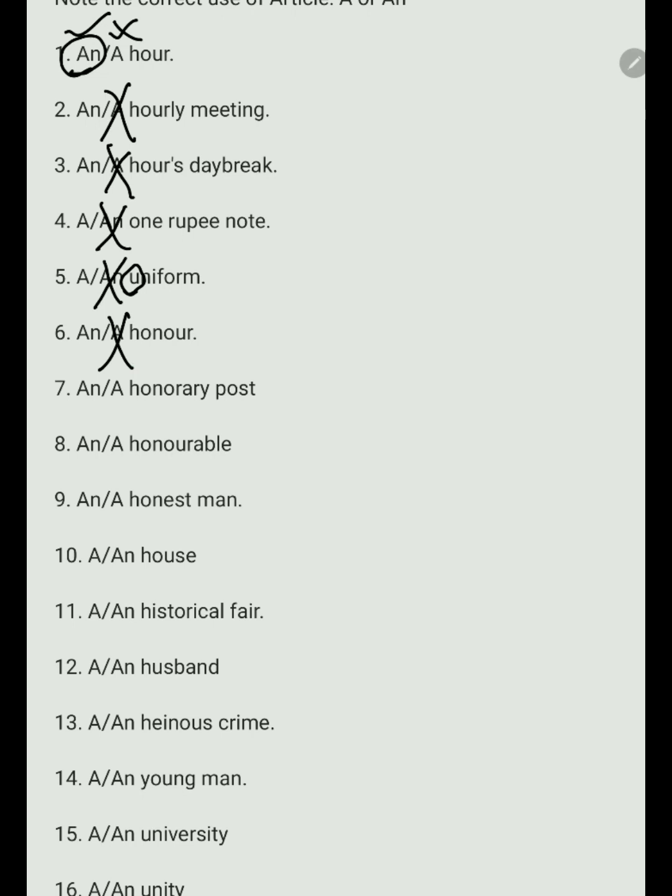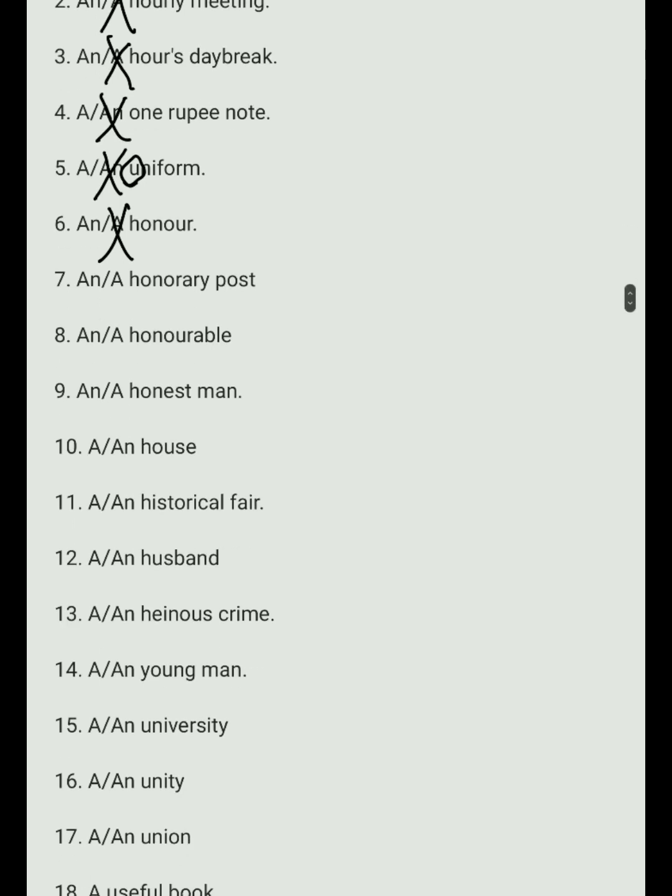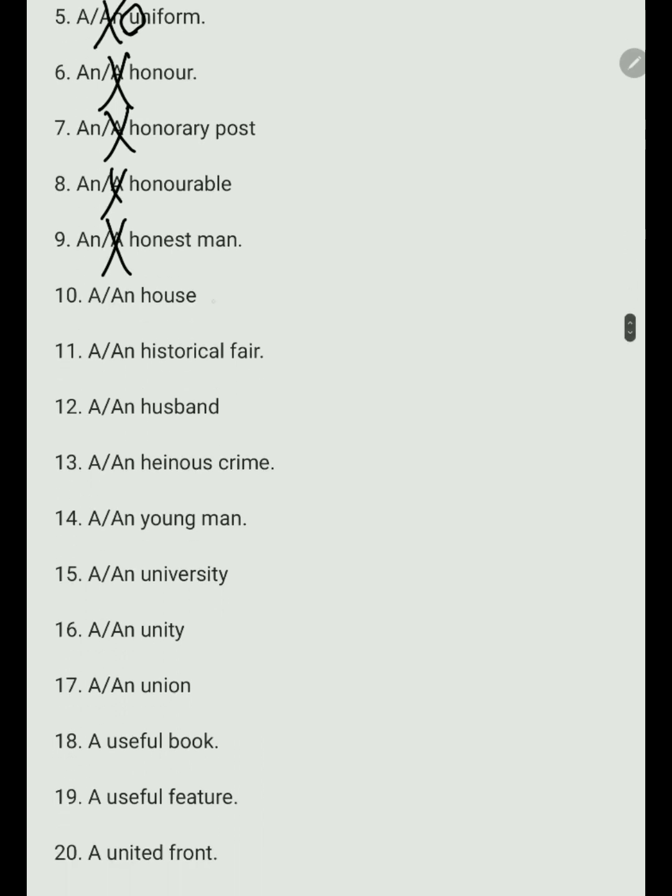Why? Because the sound is aw, honor. Next, an honorary post or a honorary post? An. Similarly, an honorable guest, an honest man.